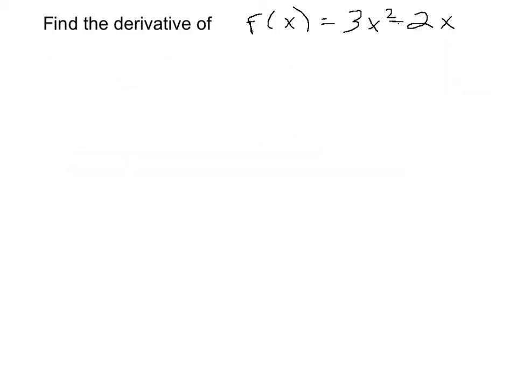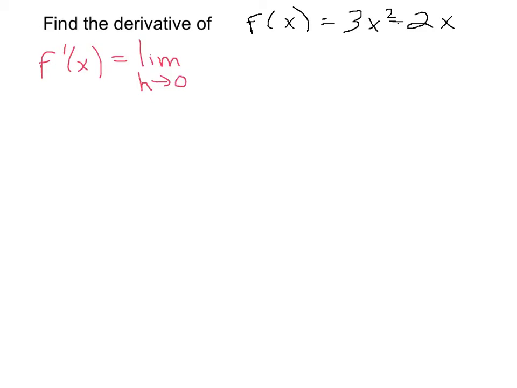Okay. So the derivative of f of x is equal to the limit as h approaches 0. That's important. You have to start putting that in front of your expressions. A lot of you are leaving that off.